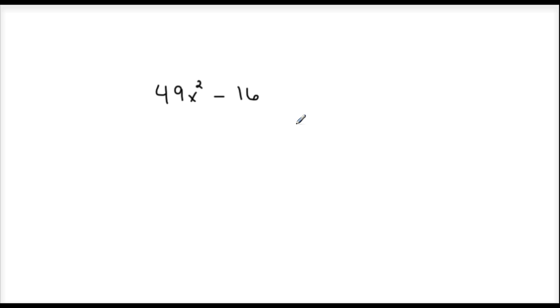49x squared minus 16. Same difference, except now you have a 49 in the front. So again, you want to be thinking square root of 49, square root of 16, in a sense. Factors of 49 that you can split evenly: 7x and 7x.